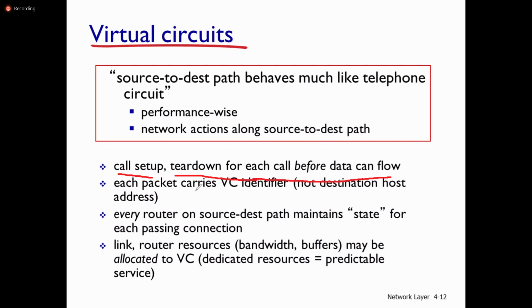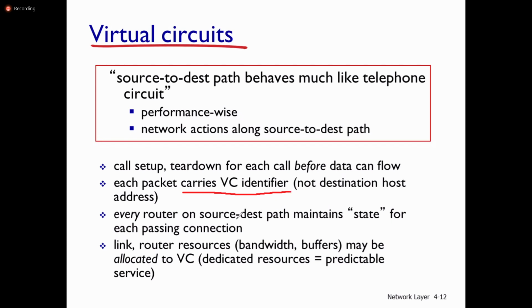Each packet carries a virtual circuit identifier. If it is a virtual circuit, each packet must carry a virtual circuit identifier. This identifier is not the destination host address; it is simply a virtual circuit identifier number.